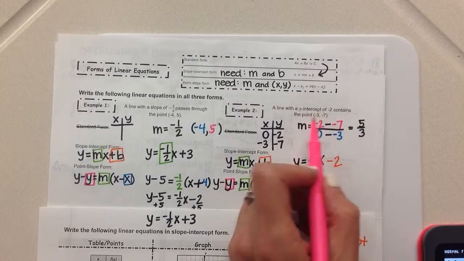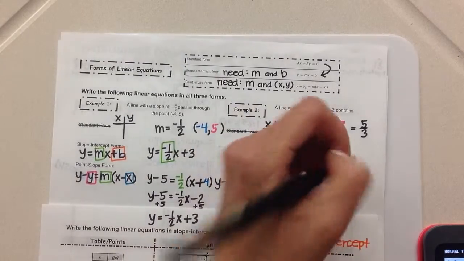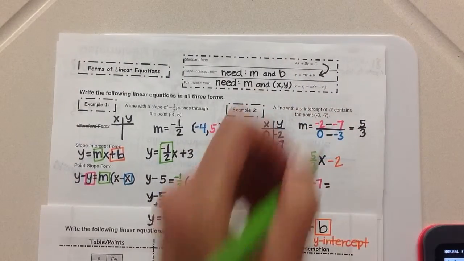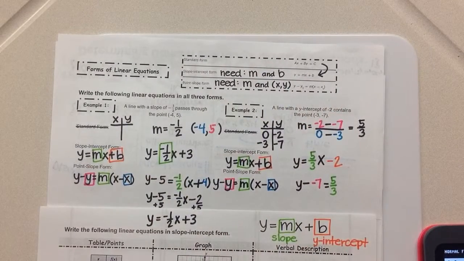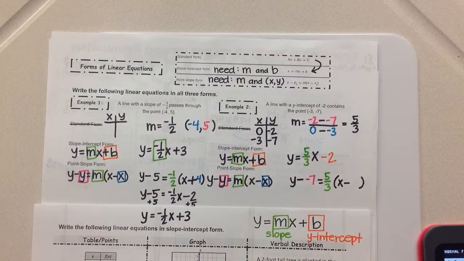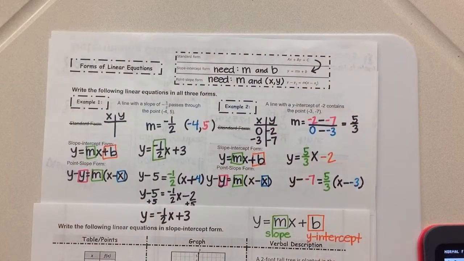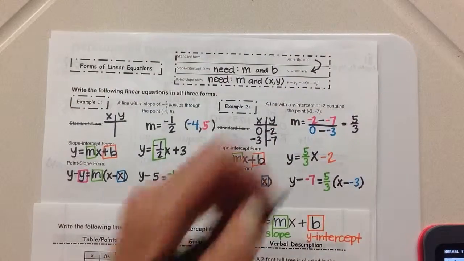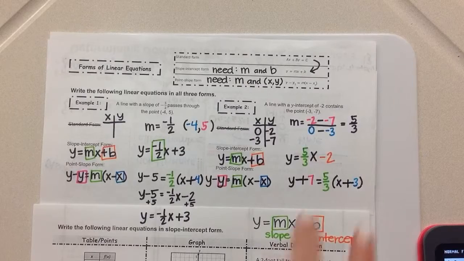So I'm going to use the ordered pair that they gave me, and I'm going to plug in -7, because that's the y value, equals, now I need my slope, 5/3, parentheses, x minus, and then I need an x value, and my x value is going to be -3. Now I want to look to see, do I have any minus negatives? And I do right here, so that's going to change to +7, and then this is going to change to +3. So that would be my point-slope format using the point (-3, -7).